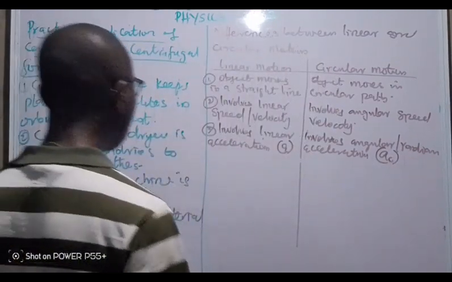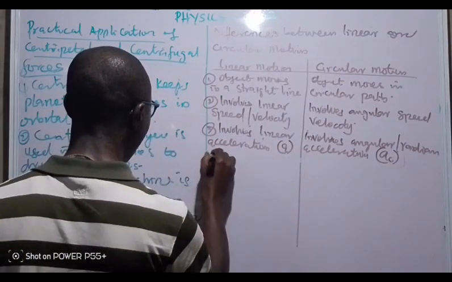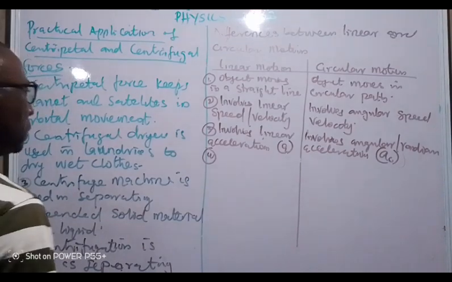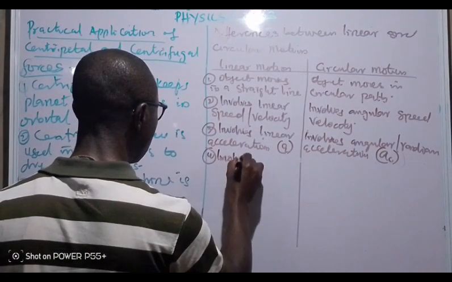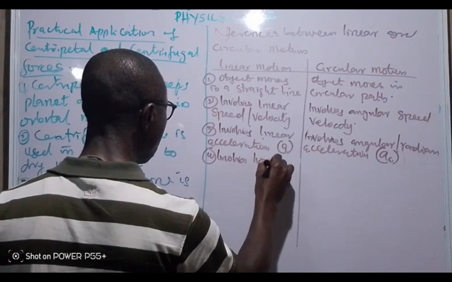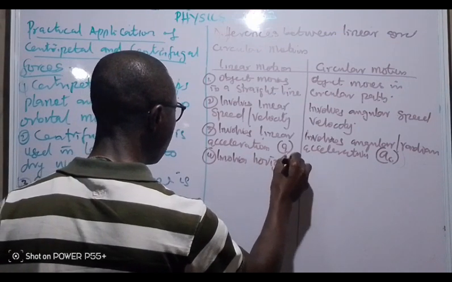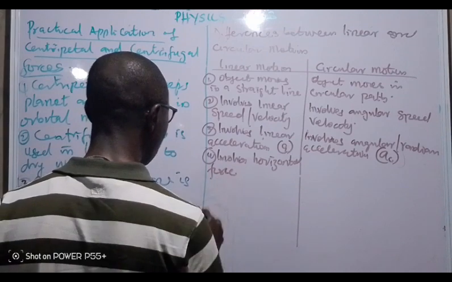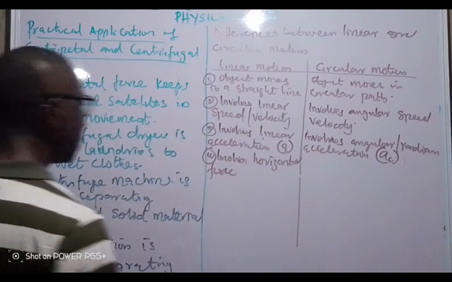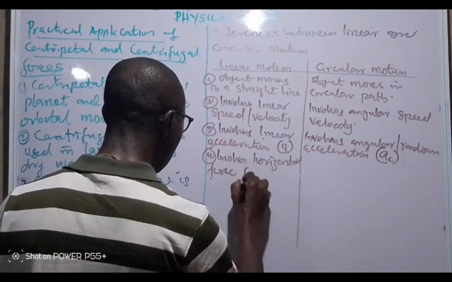Number 4, linear motion involves horizontal force, in which the magnitude F is equal to ma.